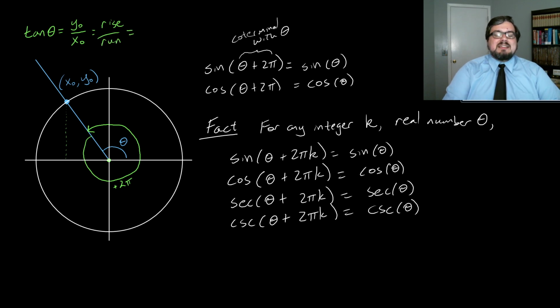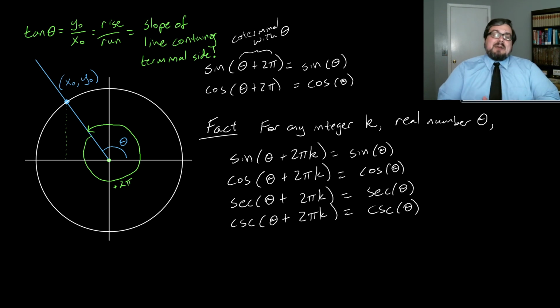And the point is that tangent of an angle is the slope of the line containing the terminal side. So this is a great way to think about tangent in terms of some geometry, or rather the Cartesian algebra that we're used to with x coordinates and y coordinates and such.